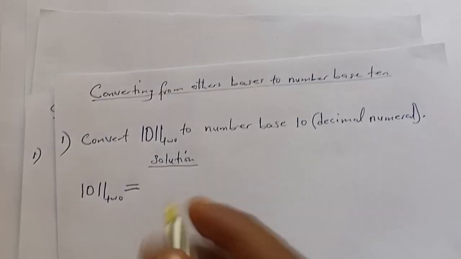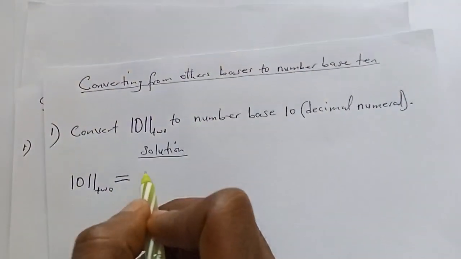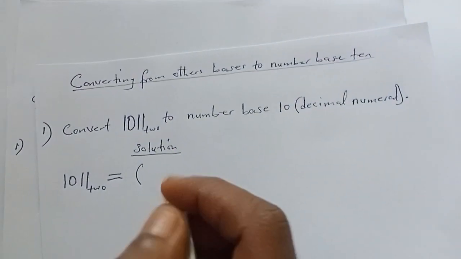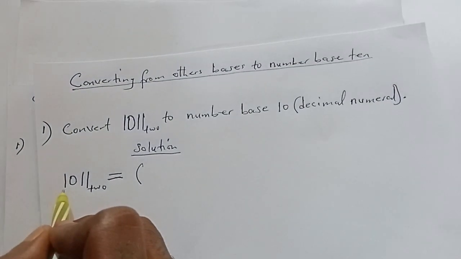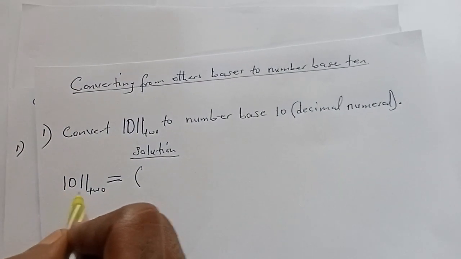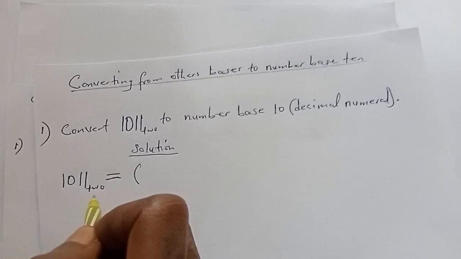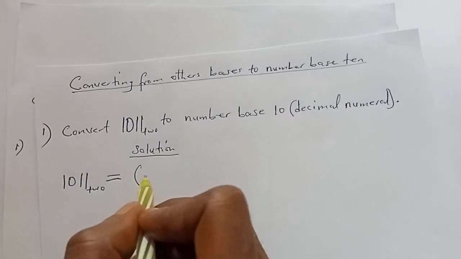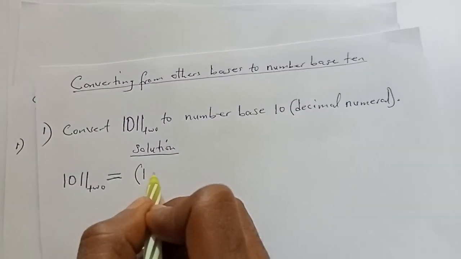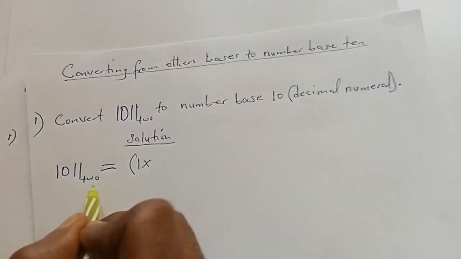So, we say parenthesis open, this one. Each of these numbers will be multiplied by their base, and the base is 2. So we have 1 times the base 2.